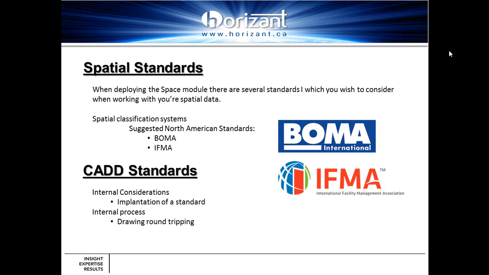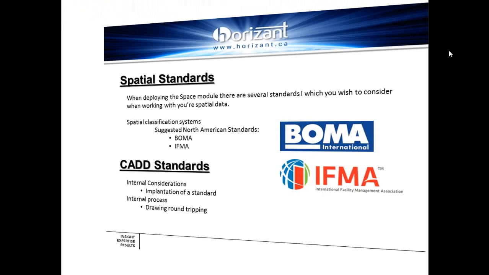That is, how do you keep your master drawing list up to date so that your ARCHIBUS is up to date? This is definitely something you want to discuss internally, because once you have that master set, you want to keep them as clean and as up to date as you can.